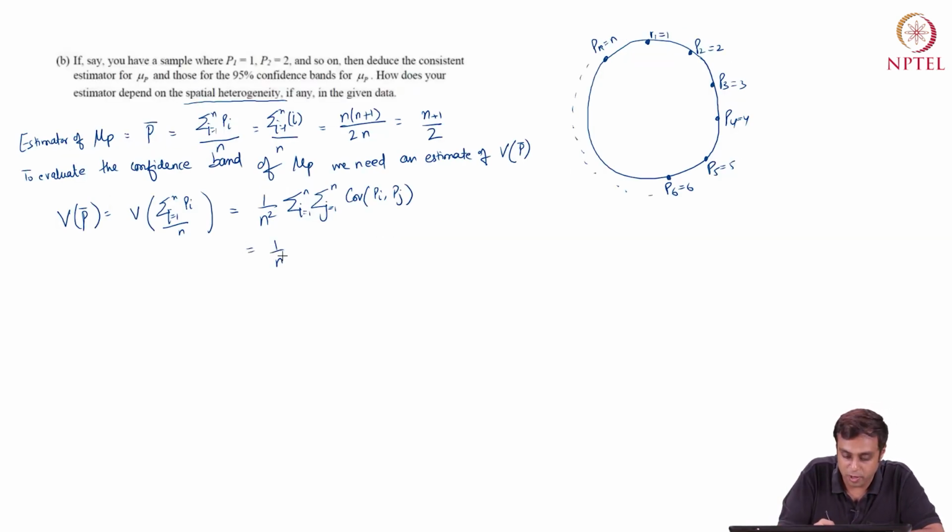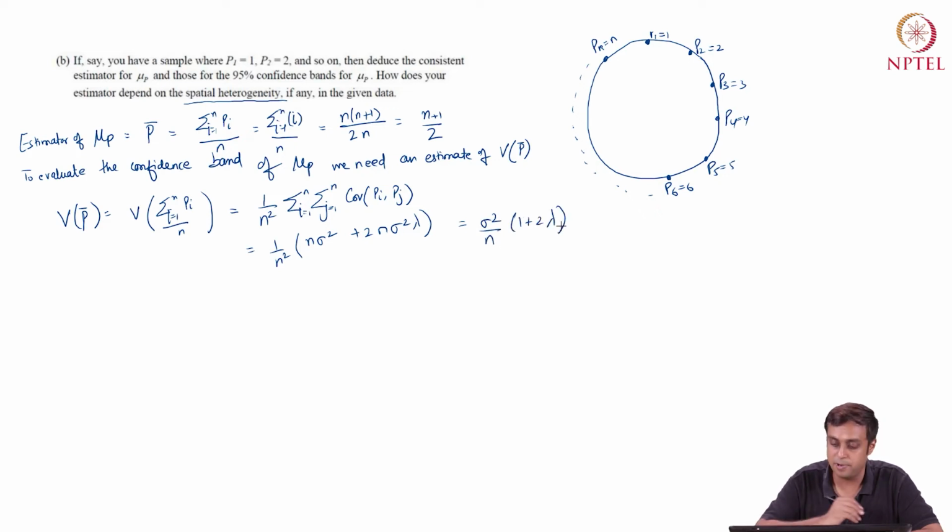So I'm going to say 1 over n squared. I have n sigma squareds and 2n times sigma squared lambdas. And so I have sigma squared over n times (1 plus 2 lambda). Now if the p_i's were spatially independent, lambda would be 0, and I would get back my sigma squared by n valuation.